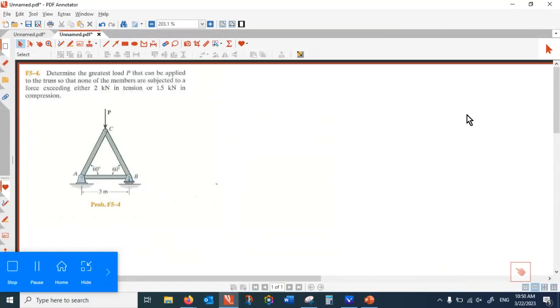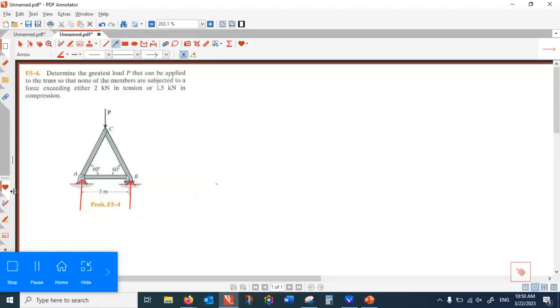All right, so it's easy to find the reaction forces, isn't it? I can find the reaction forces. I know that B can only take vertical load, and therefore A cannot have any horizontal.